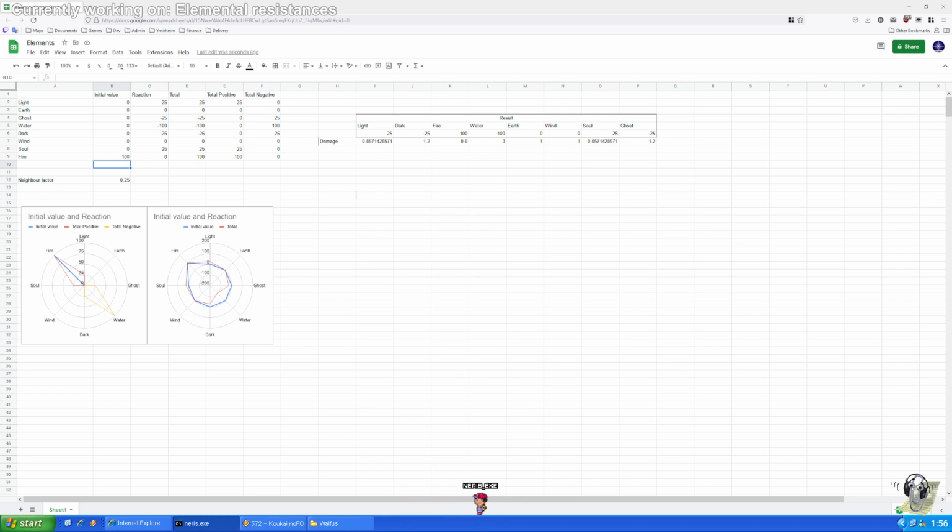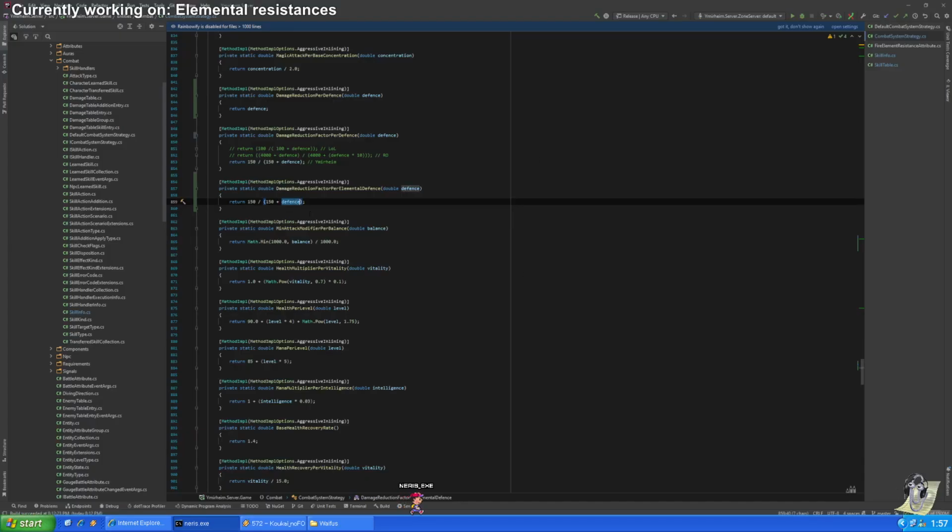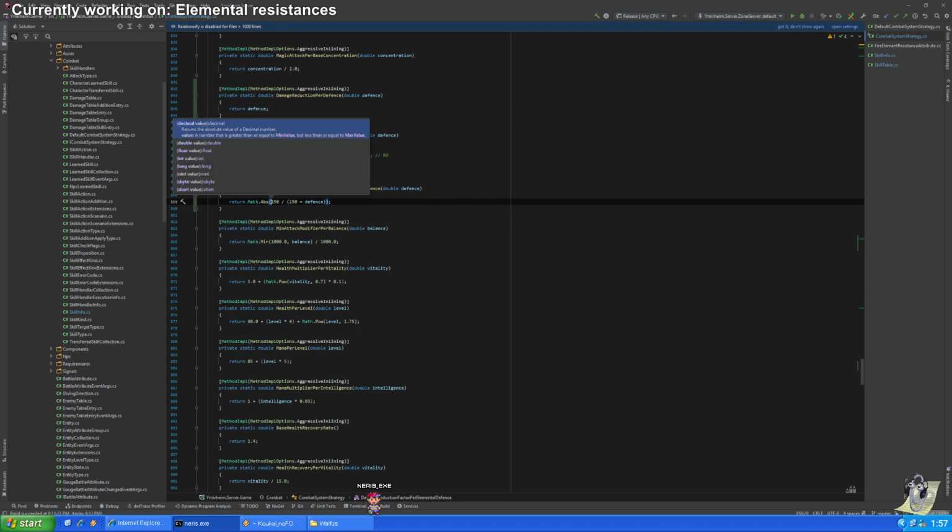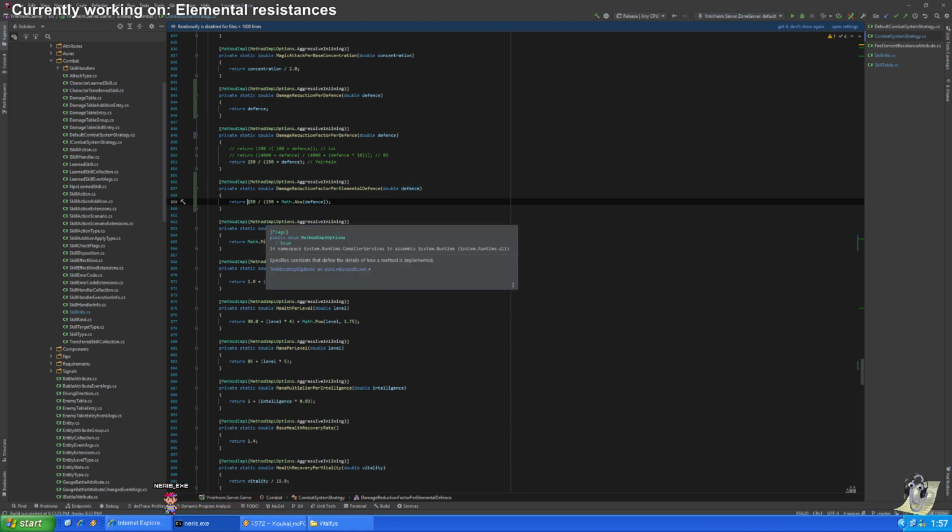Yeah, this is weird actually. So yeah, this formula is not correct. So this whole thing should be absolute. Absolute of this. And then this whole thing should keep the digits.